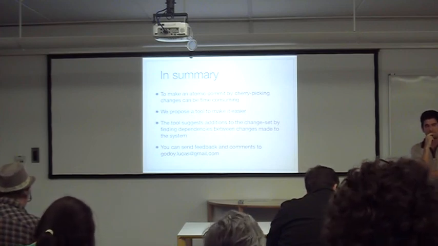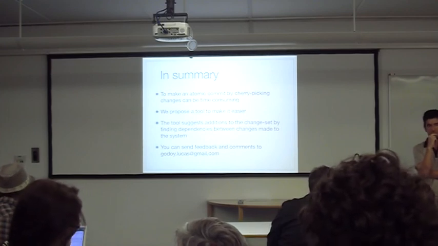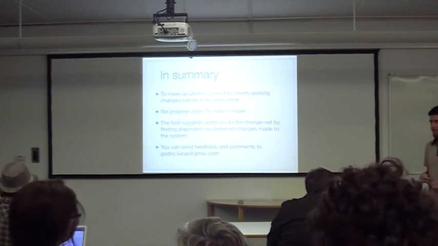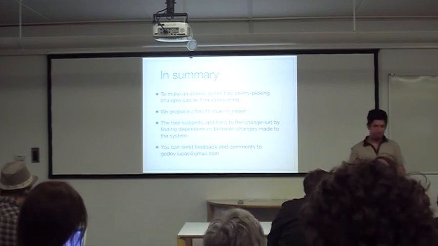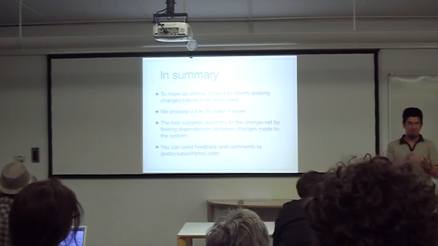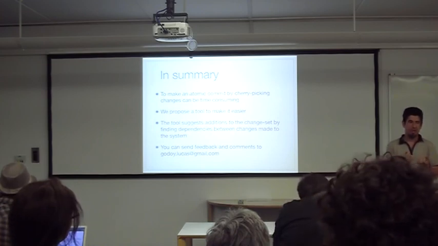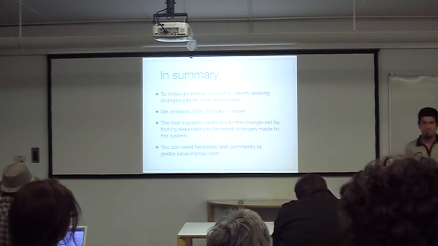But this is not always easy to do. So what's your goal? What's your strategy? What should be the result using this tool? The idea is that this can help you to separate those two things, and you can commit them in the order that you want to commit them.